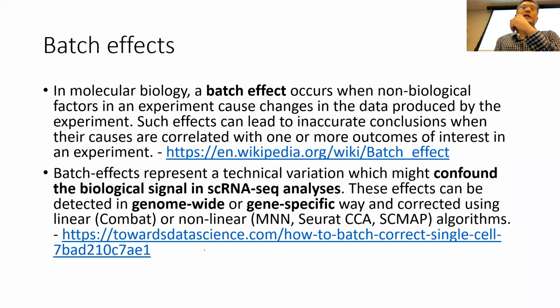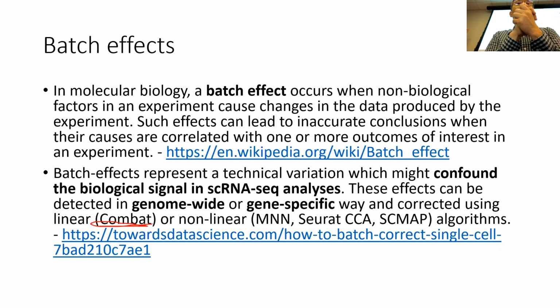Before single cell data, ComBat was one of the most commonly used methods or packages people use to correct batch effects between samples from traditional RNA-seq analysis. People use this for microarray data as well.